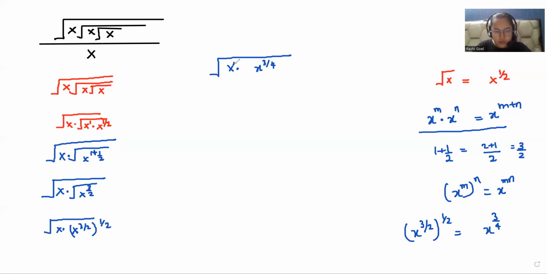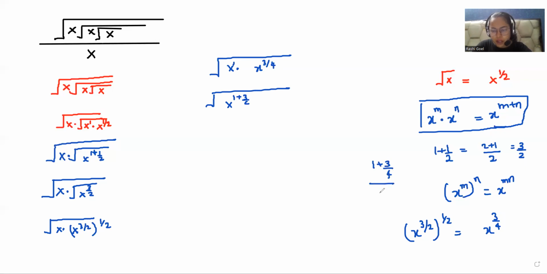So I am taking x as x power 1 and use the identity x power m times x power n. So you can write it as x power 1 plus 3 by 4. So 1 plus 3 by 4, if I take the LCM 4, 4 plus 3, that is 7 by 4.